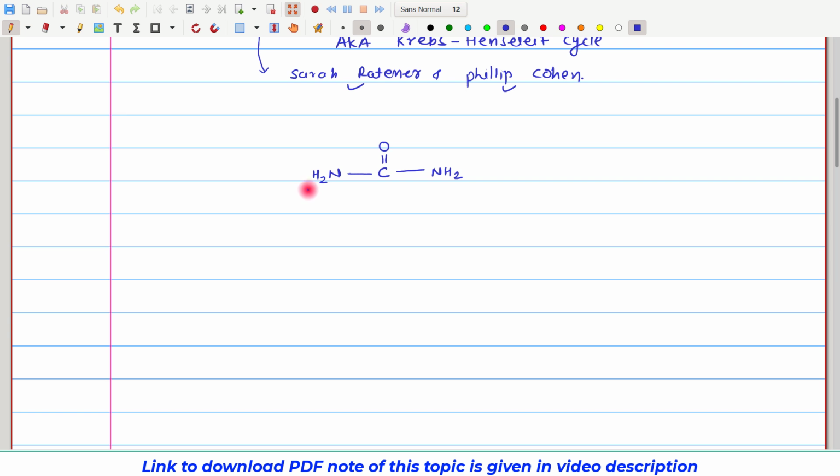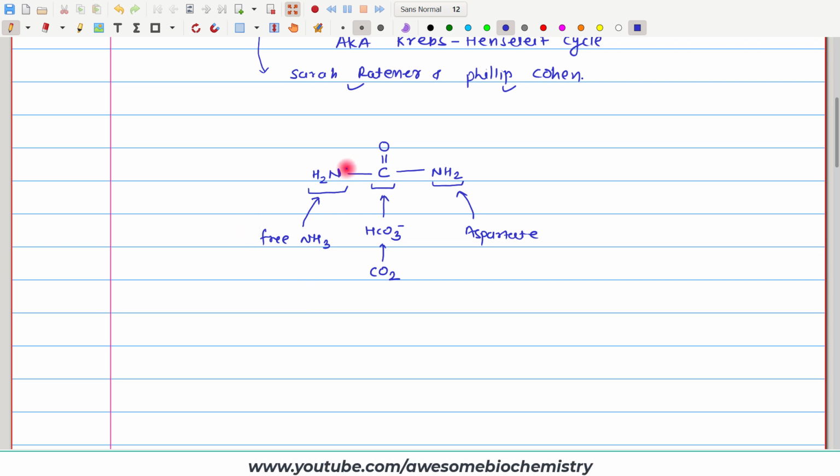As we will see in a short while, one amino group is donated by free ammonia, whereas another amino group is contributed by aspartate, whereas this central carbon along with the oxygen is contributed by bicarbonate, and bicarbonate itself is generated from carbon dioxide. So, these are the contributors of various parts of the skeleton of urea.